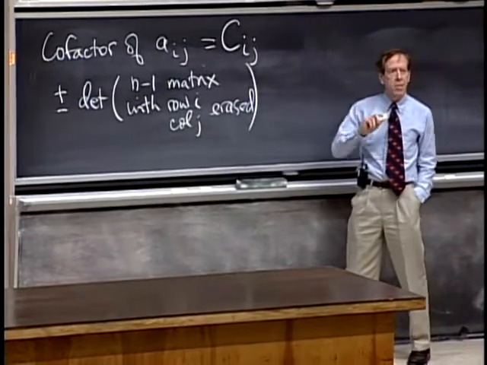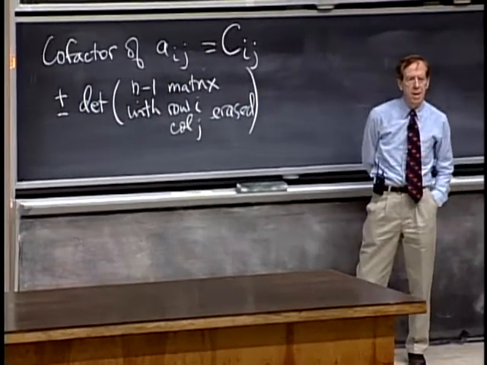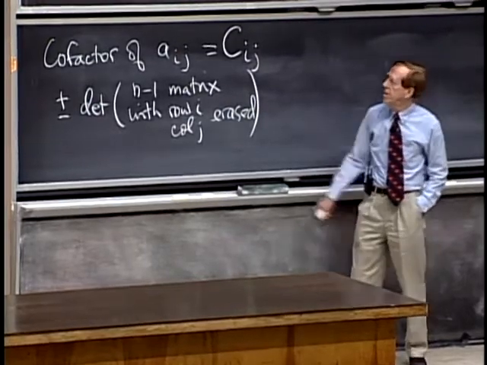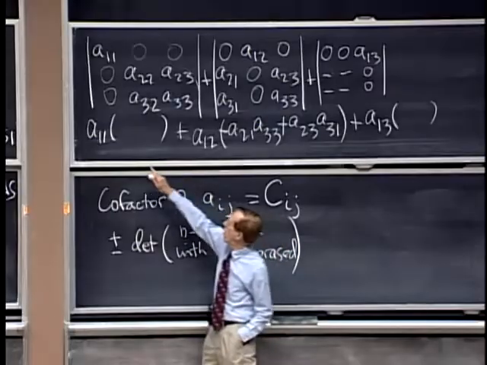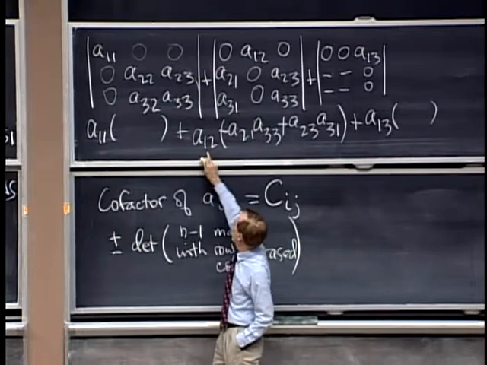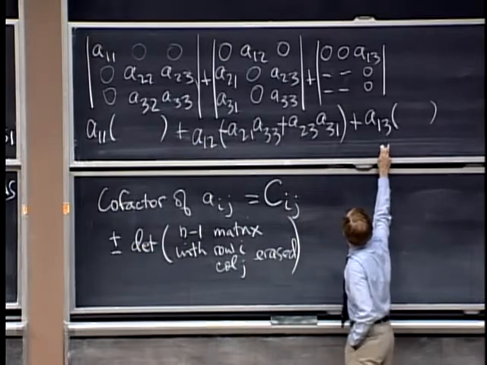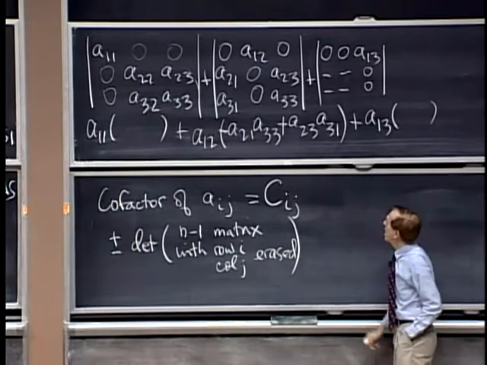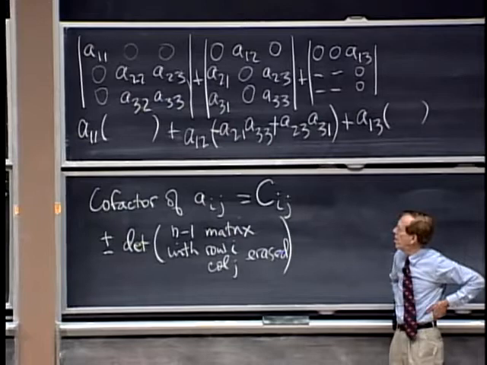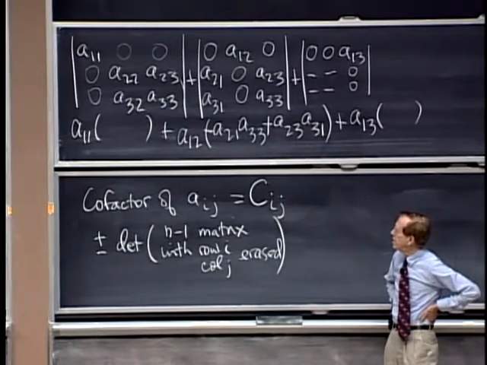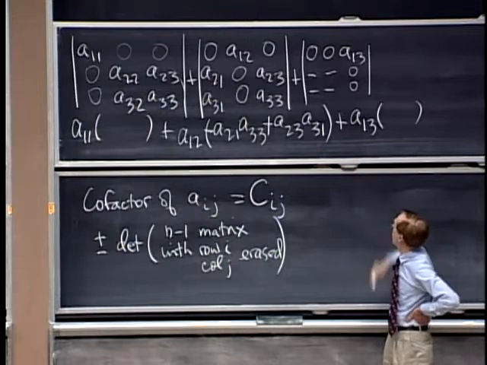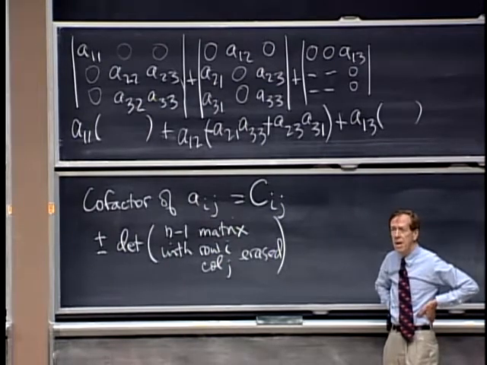Okay, so now is it a plus or is it a minus? Because we see that in this case for A11 it was a plus, for A12 it was a minus. For this A13, it was a plus. So any guess on the rule for plus or minus when we see those examples? ij equal 1,1 or 1,3 was a plus.